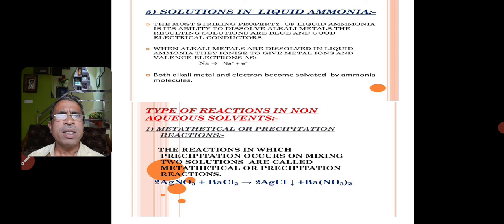As I have said, metathetical or precipitation reactions. I have discussed this. Silver chloride, which is a precipitate in water medium, the same silver chloride is soluble in liquid ammonia. Barium chloride, which is soluble in water medium, the same barium chloride acts as a precipitate in liquid ammonia.